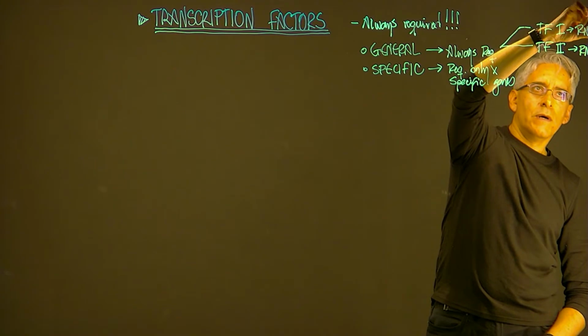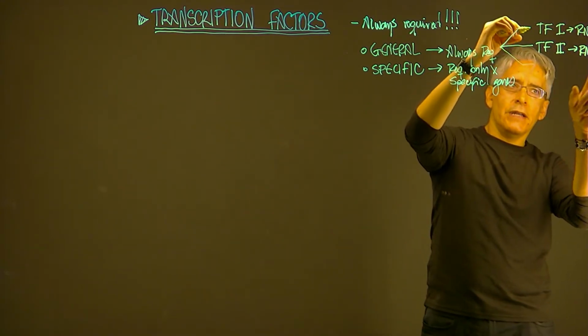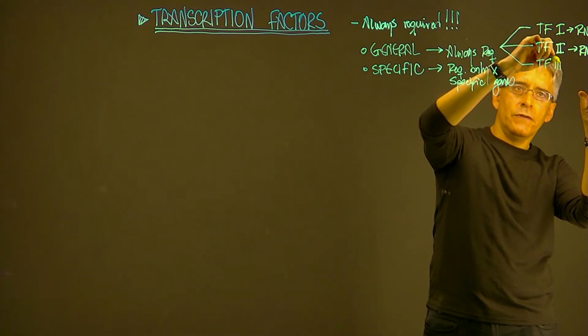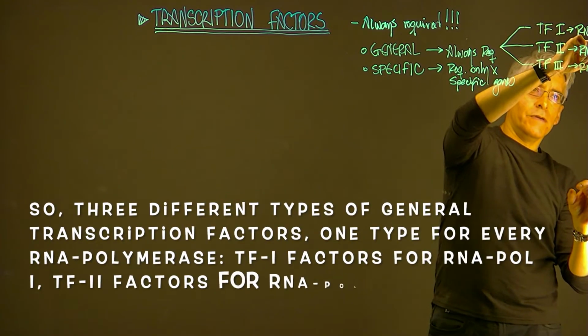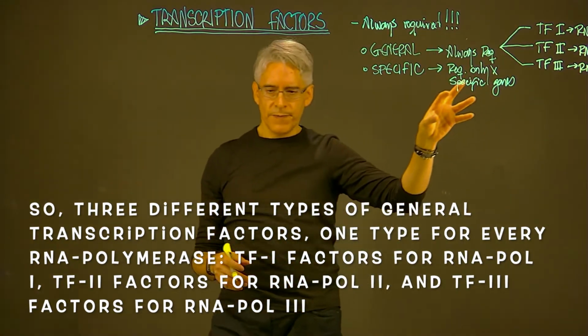And finally, there are transcription factors that work with RNA polymerase 3, so those will be called TF3. They work with RNA pol 3. So, different types of general transcription factors.